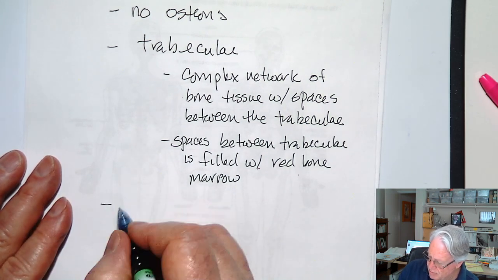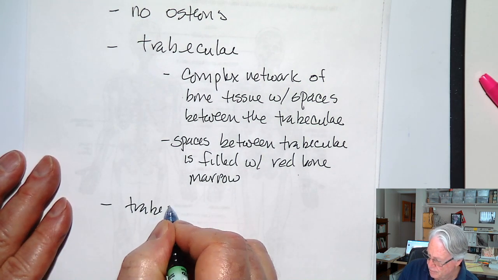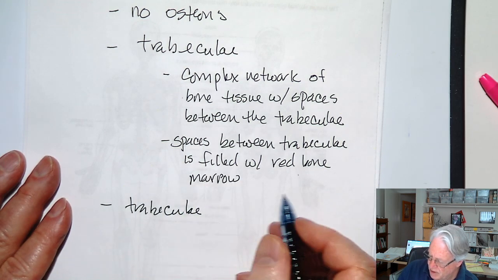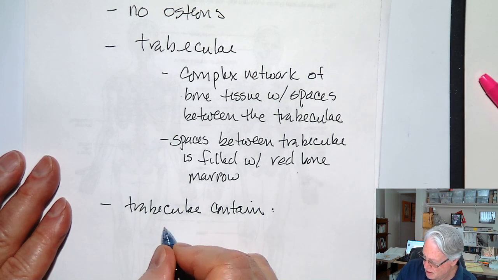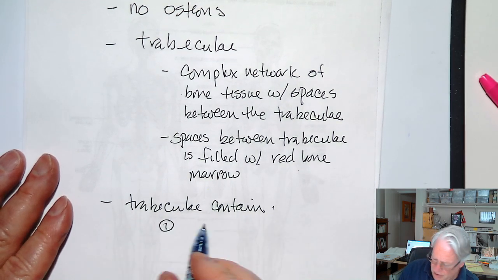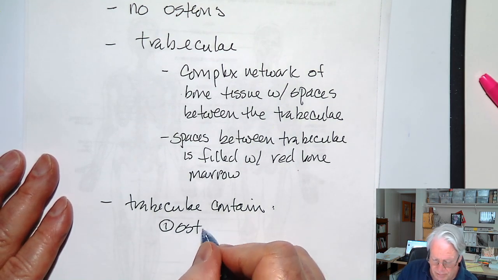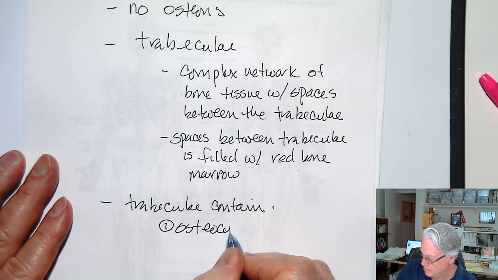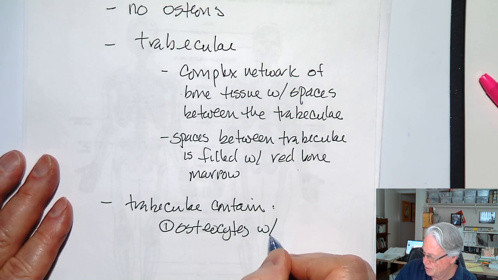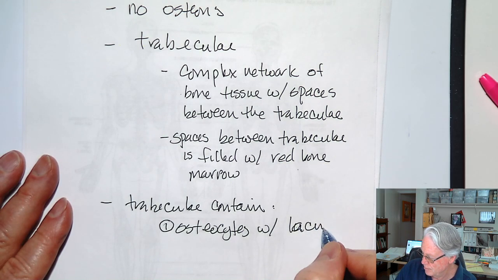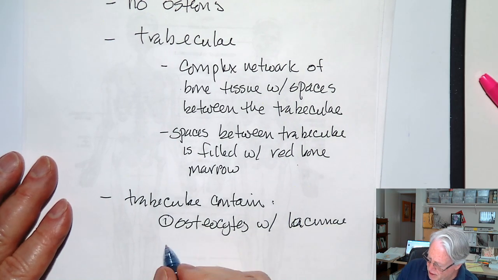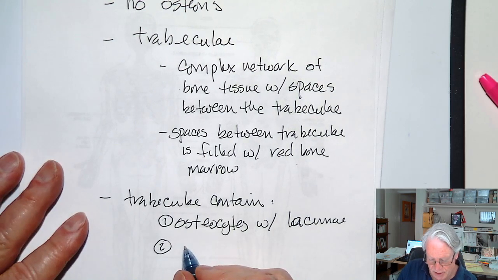The trabeculae contain, number one, osteocytes, within the lacunae, and the canaliculi.